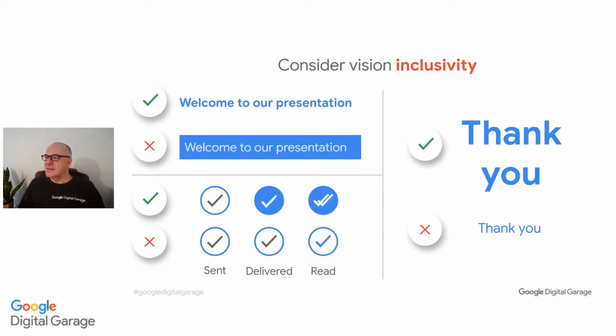On the second example, we are using strong contrasts that really make that information stand out and pop, and the larger font on the right-hand side for the thank you really does stand out. Again, that's all about the font size as well. So it can make a massive difference, and that's really important to note.